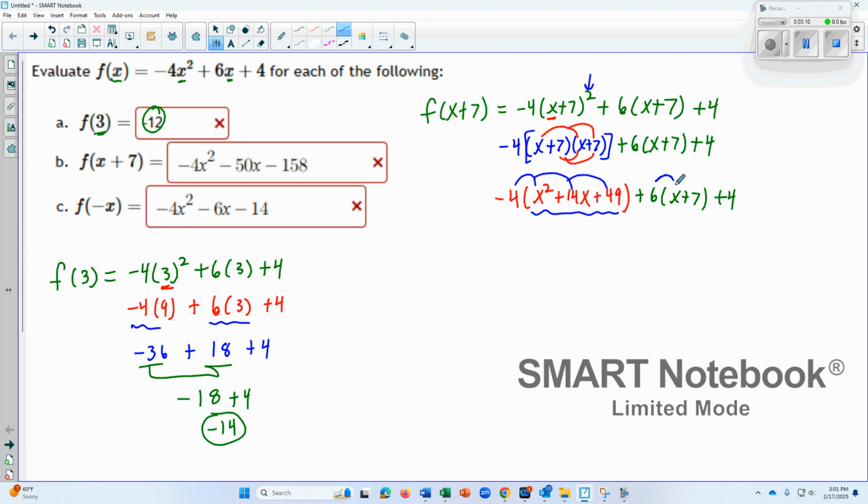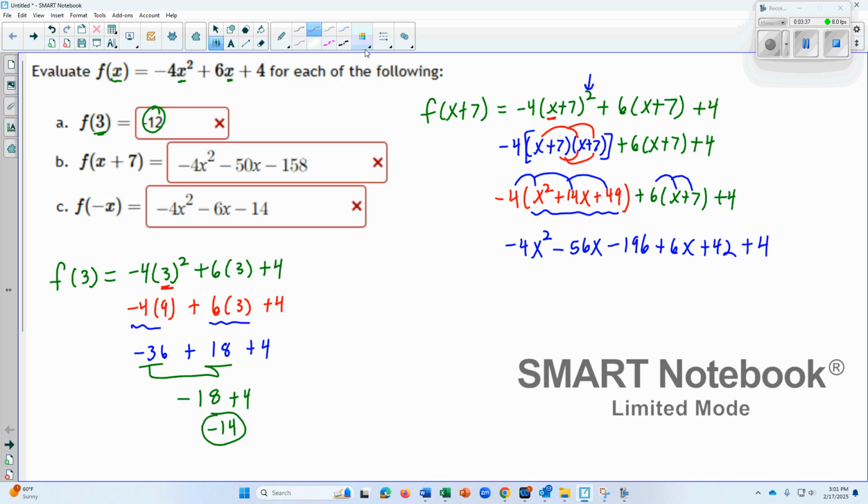And then same thing with here, I need to distribute the 6. So let's see, what do we end up with? -4x squared. Then let's see, that'll give us -56x. And then that will give us -196. Then when we distribute that 6, let's see, that'll give us plus 6x plus 42. And then don't forget about our plus 4 right there.